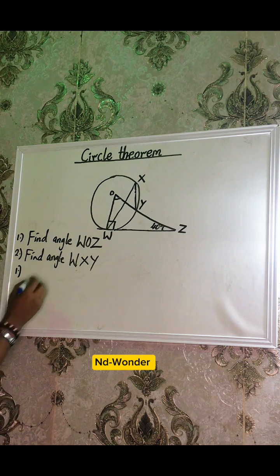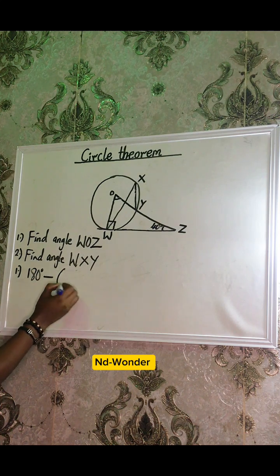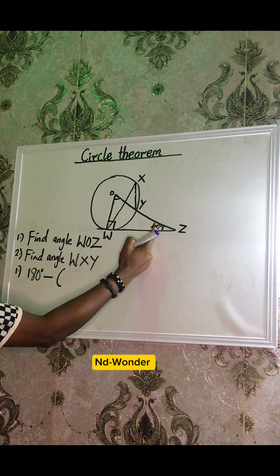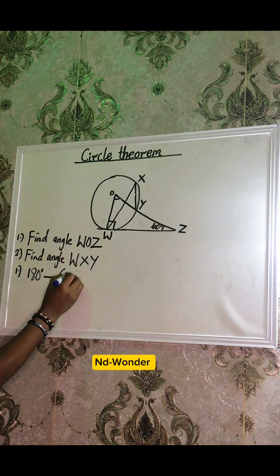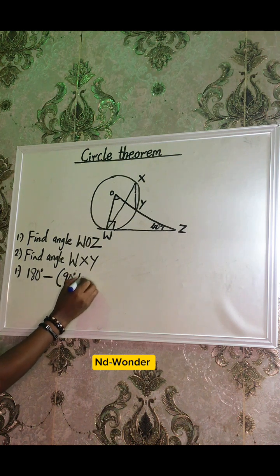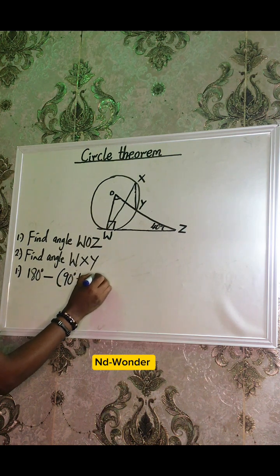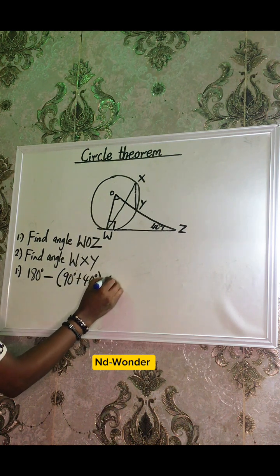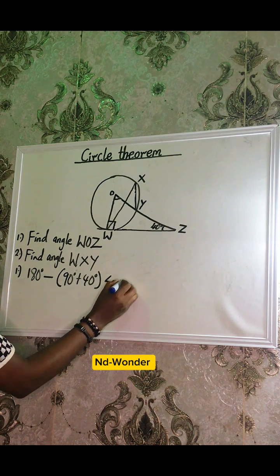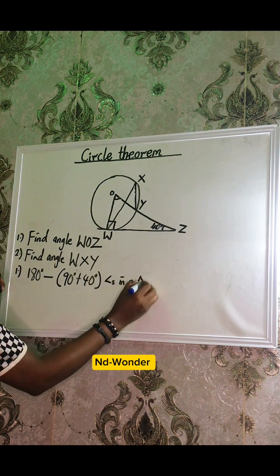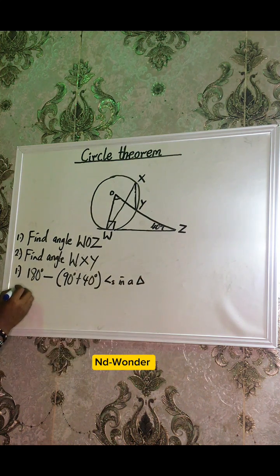So we can say 180 degrees minus the summation of 90 and 40 in a bracket. 90 degrees plus 40 degrees. We can call it angles in a triangle.